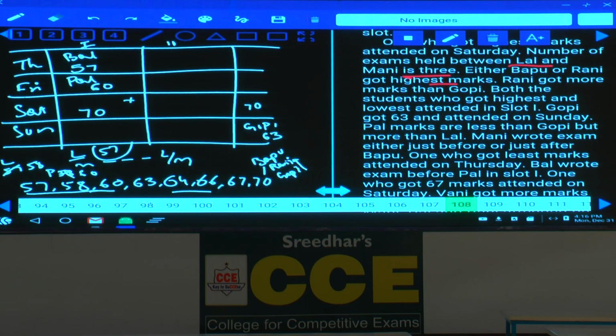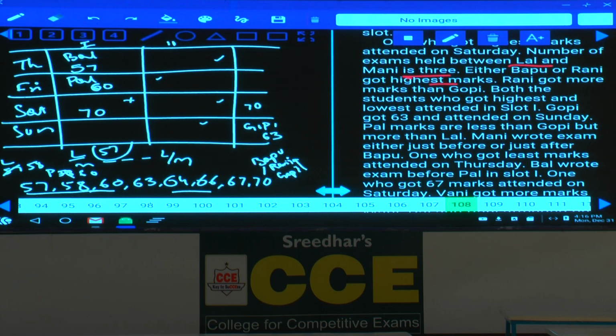And Lal is how much? Lal is 58. As Lal is 58 and Mani, there must be exactly 3 persons in between these two. If Lal is here, 1, 2, 3, and Mani will be here. Hence, these 2 persons Lal and Mani must be in the second slot only, because there must be exactly 3 persons in between.